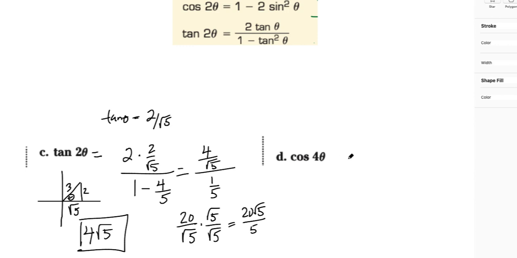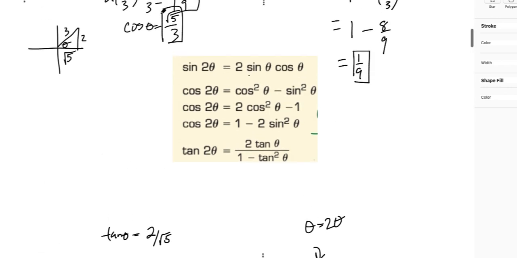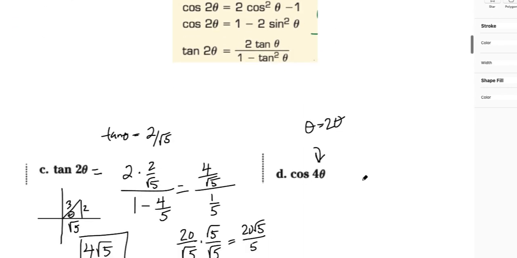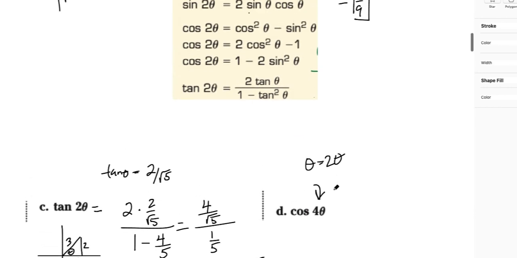And so the cosine of 4 theta is really just going to treat in the original formula, theta will be 2 theta. Right? So now this will be really helpful if we know the sine of 2 theta and the cosine of 2 theta, which we do. Remember, we got it up here. So we're going to play that role. And I don't care which formula you use.